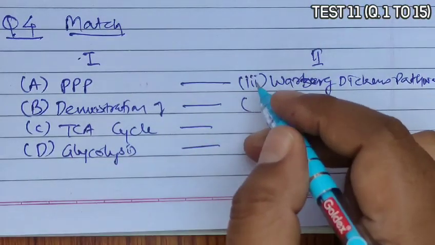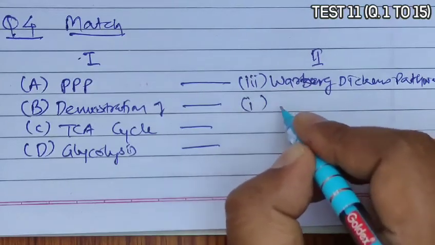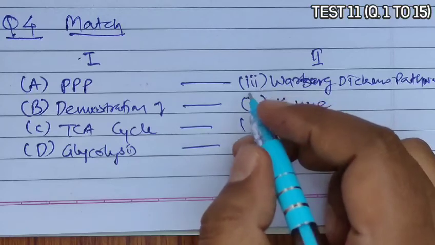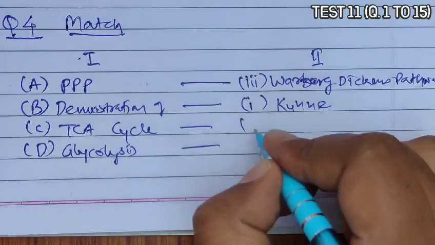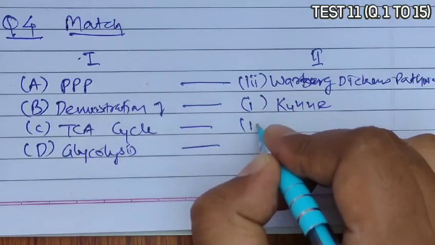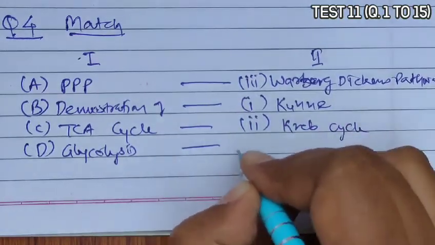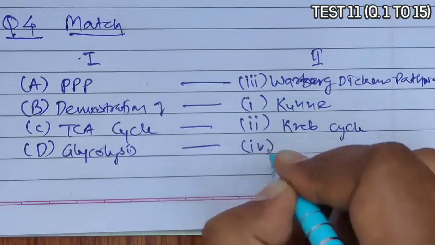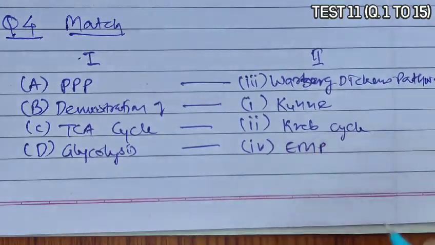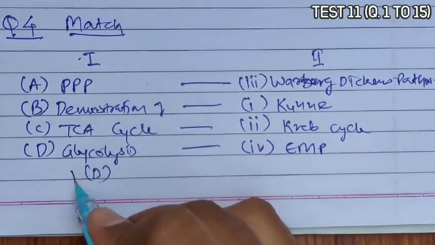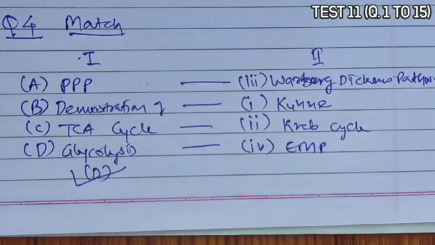When we talk about a demonstration of, then the first comes, that is the Cohn pathway. The TCA cycle, you know, is also known as the Krebs cycle, so it is the Krebs fermentation. And glycolysis, which is the fourth, is the Embden-Meyerhof-Parnas EMP pathway. So if we go according to this match, then option D becomes the correct answer for this question.